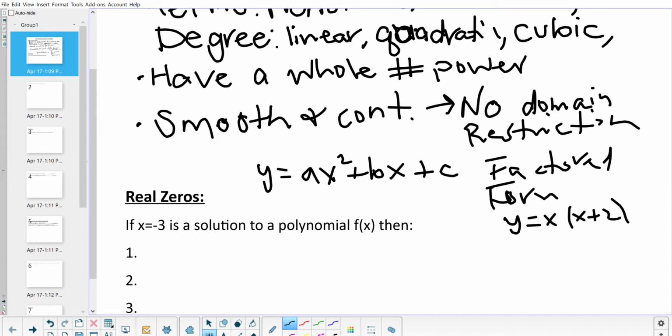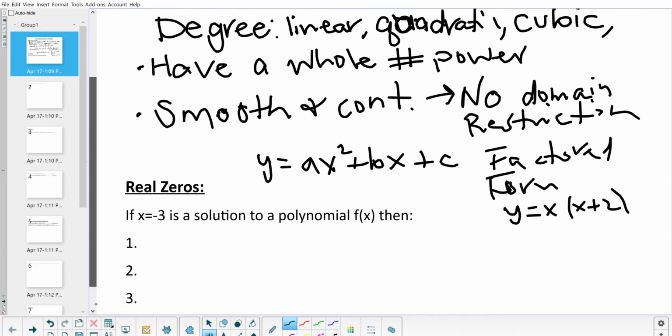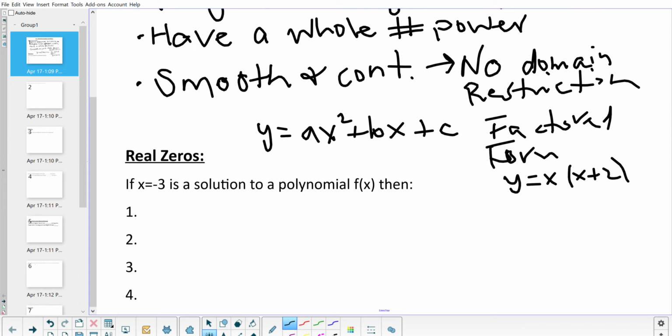And usually in class, I love to try to get all 4 of these things just from you guys. Like, what else can you say if you know that x equals -3 is a solution to the polynomial? What does it mean to be a solution?